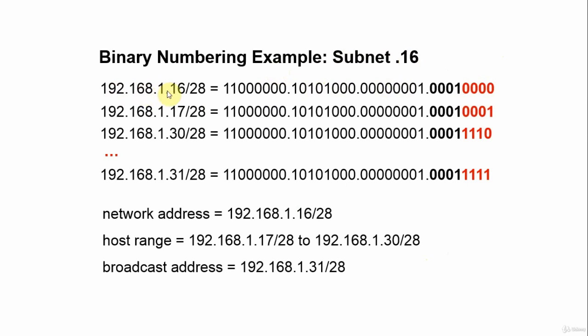And take a look at the binary numbering, how binary works, the numbers themselves. If I took the 16 subnet, there's the network address 1.16. So I'm showing you there's 192.168.1, see the 1 there, and then .16. So there's the 16. That's what it would look like as binary. When I go to the first host IP address, then I've got to add that. I put a 1 there, and that gives me the 17. 16 plus 1, 17.